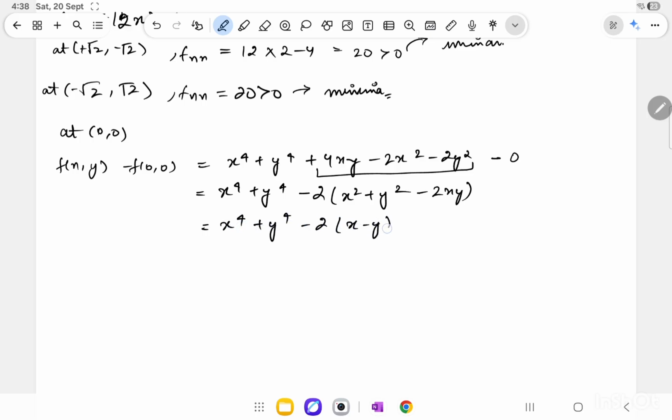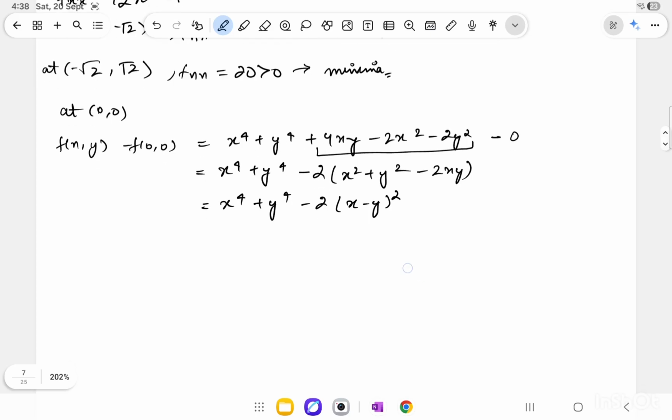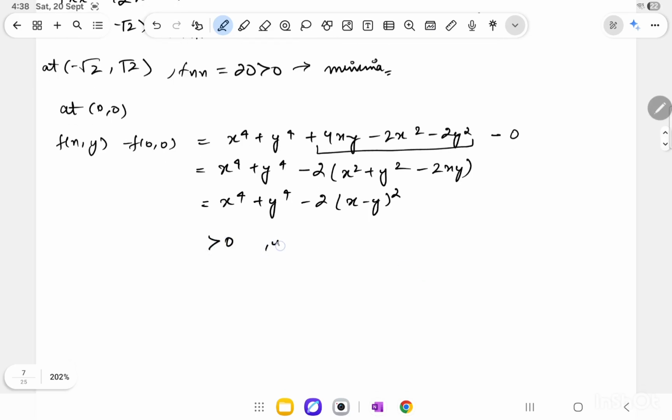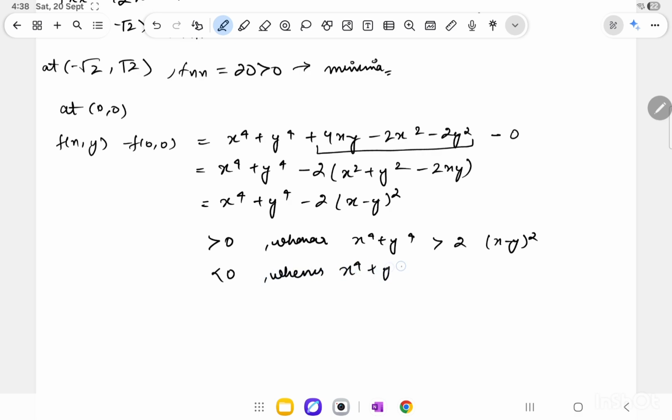Now you can see that its sign won't be constant throughout. It will be greater than 0 whenever x raised 4 plus y raised 4 is greater than 2 times (x minus y) whole square, and it will be less than 0 whenever x raised 4 plus y raised 4 is less than 2 times (x minus y) square.